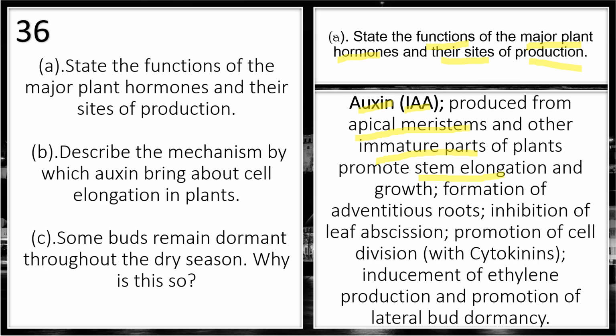They promote stem elongation and growth, formation of adventitious roots, inhibition of leaf abscission, promotion of cell division, that is with cytokinins, inducement of ethylene production, and promotion of lateral bud dormancy.